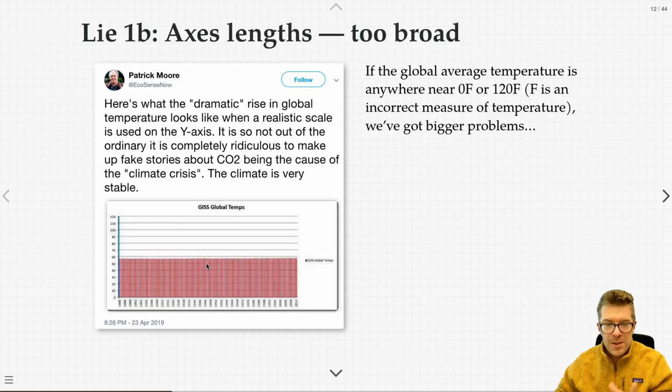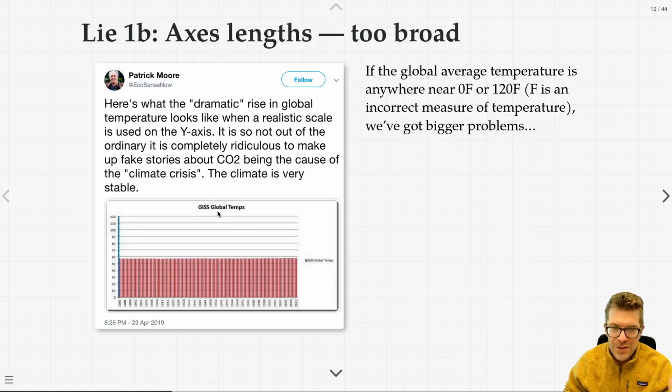But what's going on here is this might be real data, but the person zoomed out too far, to a point where the scales are meaningless. We're not zooming in to make the differences massive like in the previous example. Now we're zooming out to hide differences within the small number of pixels that differentiate these two numbers. The y-axis goes from 0 degrees Fahrenheit, which is an incorrect measure of temperature, but whatever, to 120 degrees Fahrenheit.